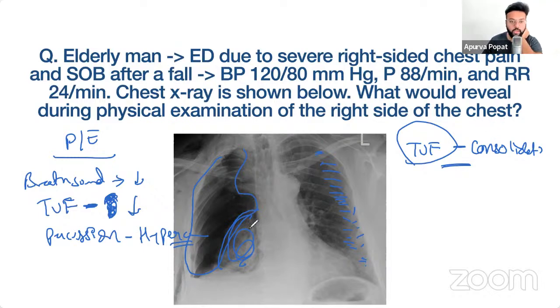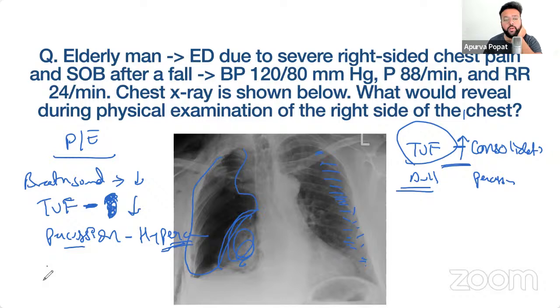Percussion is hyper-resonant here. So in consolidation, TVF is increased. In pneumothorax, TVF is decreased and percussion is hyper-resonant. What is percussion in consolidation? Dull. Okay.